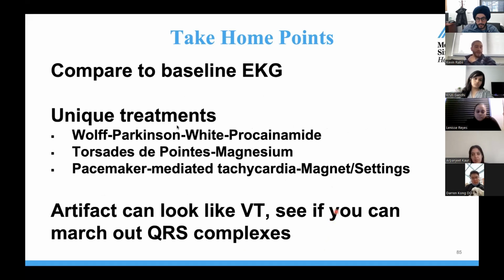This can include IV mag pushes, but also a magnesium infusion. For pacemaker-mediated tachycardia, call EP, and we'll put a magnet on it. Artifact can look like VT. So if you see this, always look at other leads, always look at the EKG and see if you can confirm that you're seeing any QRS complexes.